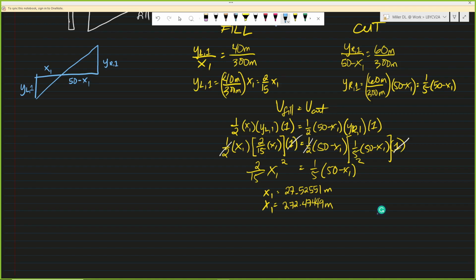Anong value? Yung 27.52551 ba or yung 272.47449? Okay, ang pipiliin natin is yung 27.